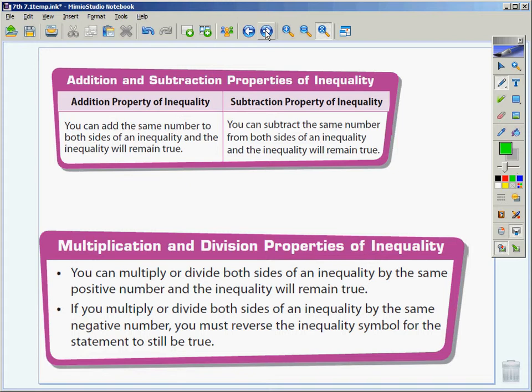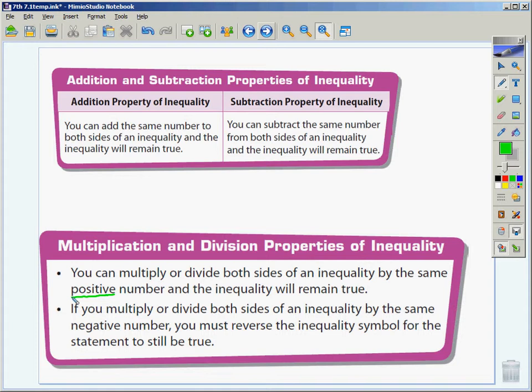I want to talk not so much about the addition and subtraction properties of inequality. By the way, these were written in your notes. They're there. You don't have to copy them down. But I do want to talk about the one that says multiplication and division on the bottom of page 205. Notice it says you can multiply or divide both sides of the inequality by the same positive number, and the inequality will remain the same.